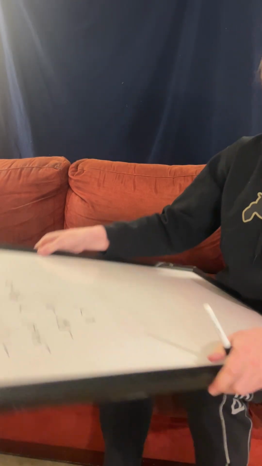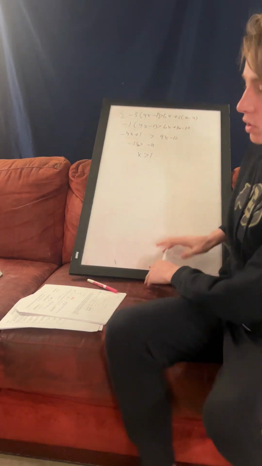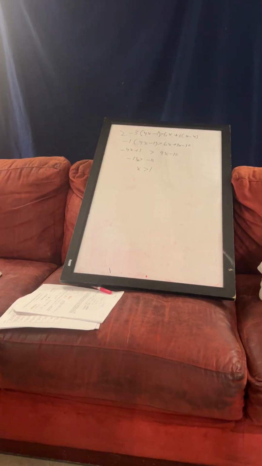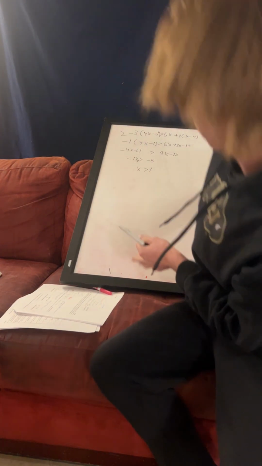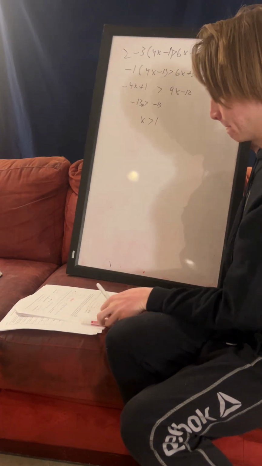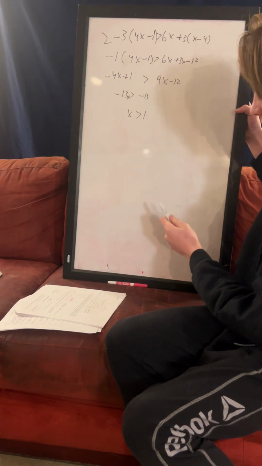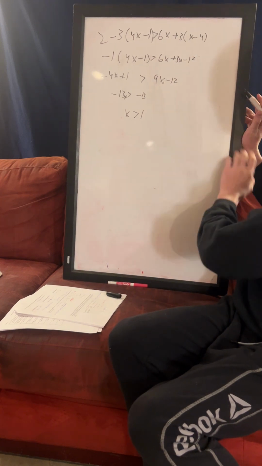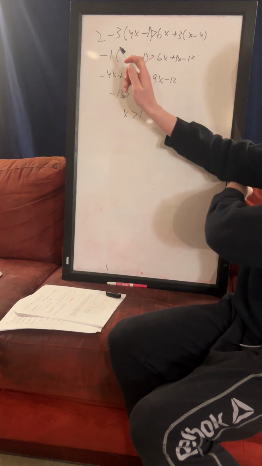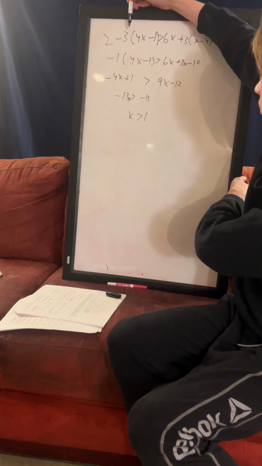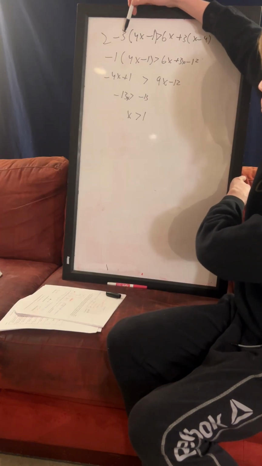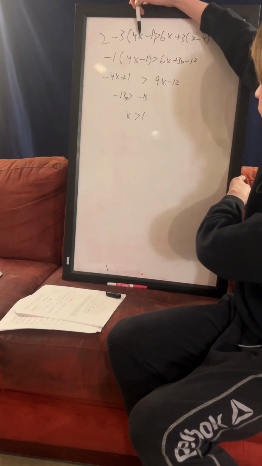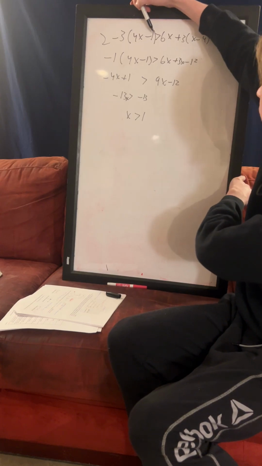Okay, so this is what is written here. I gotta make sure you can read that. Not really, I'm gonna hold it up. So, first of all, the PEMDAS is incorrect. What is supposed to happen is the negative 3 times 4x and negative 3 times negative 1.